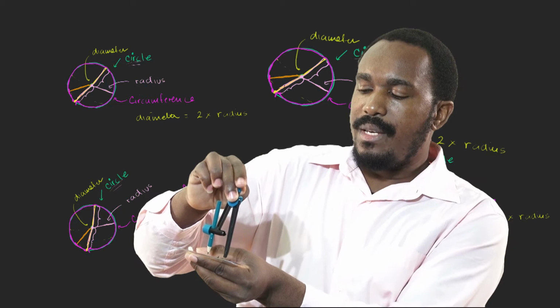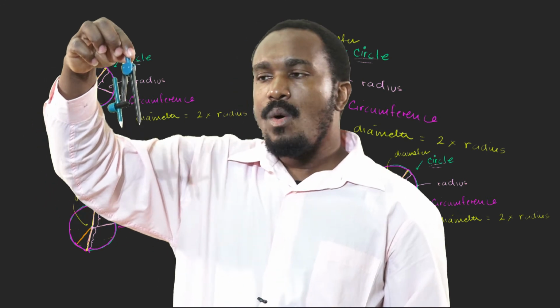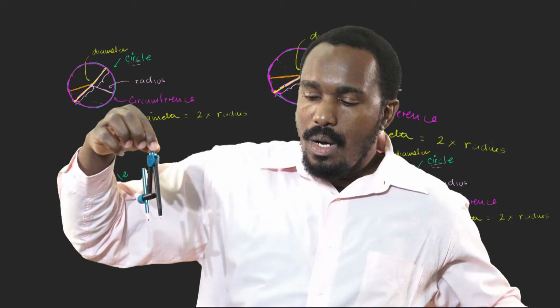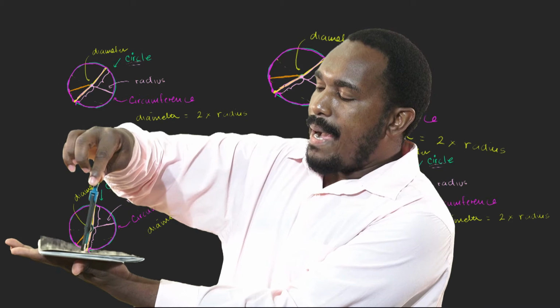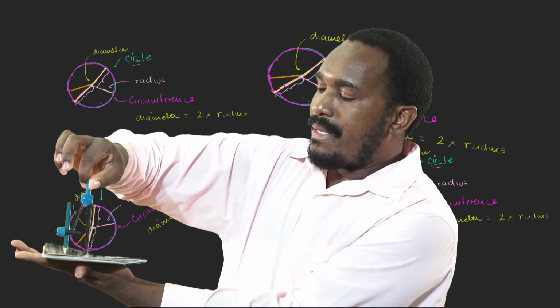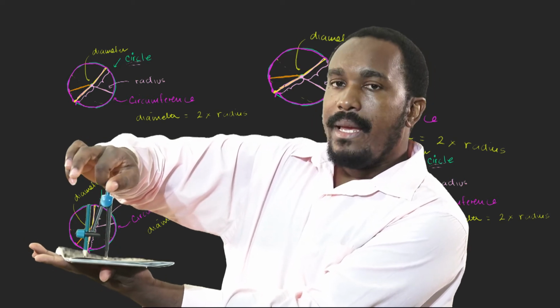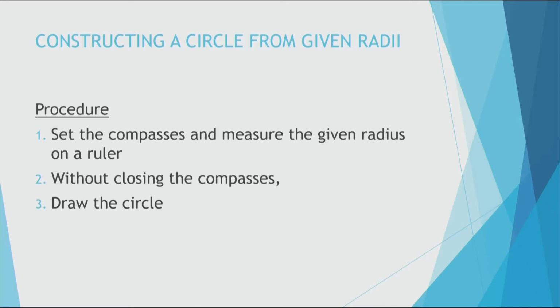So without closing the pair of compasses, you just put your pair of compasses on the paper and then draw like this. You draw like this without making mistakes. I will show the pictures when presenting diameter because it's just the same procedure.